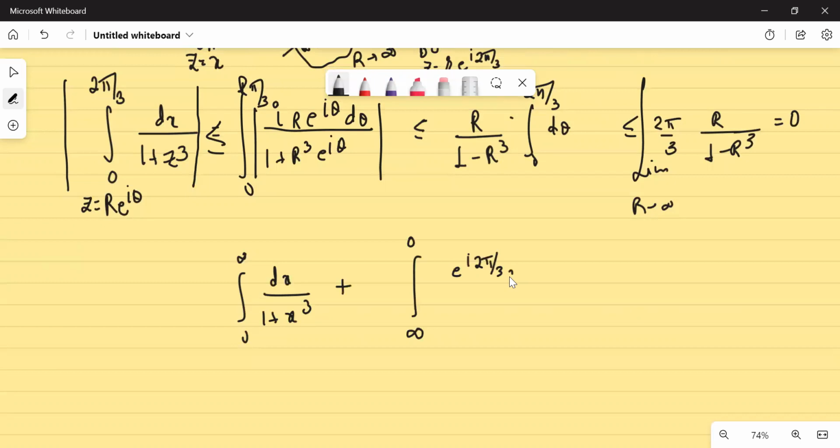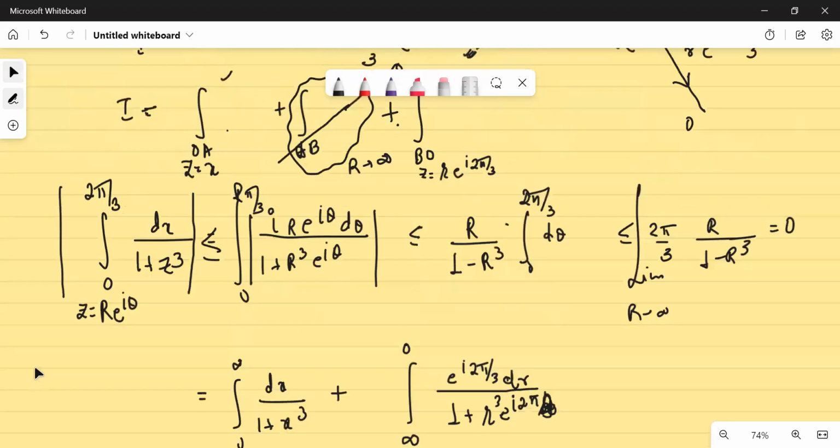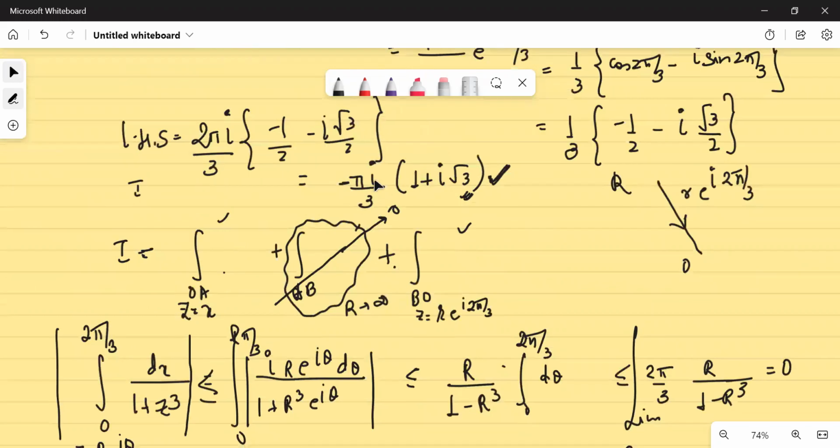Sorry, take it dr. And then you have 1 plus r e to power iota 2 pi by 3. And I think you should also have cubed it. So I think this will become this. Is that clear? And you can clearly see that this is equals to, if I'm not wrong, this minus pi iota upon 3.